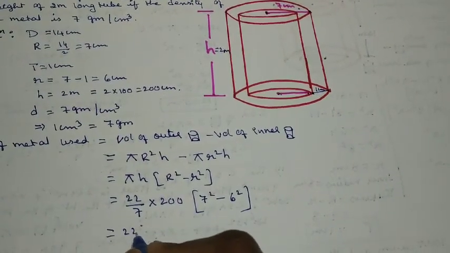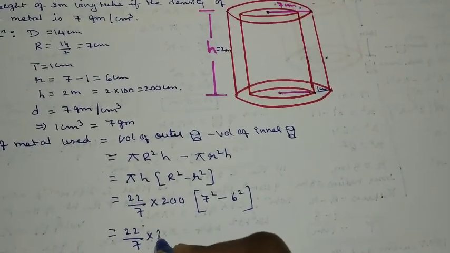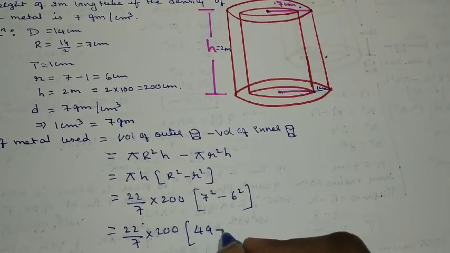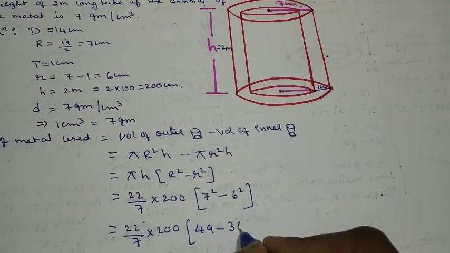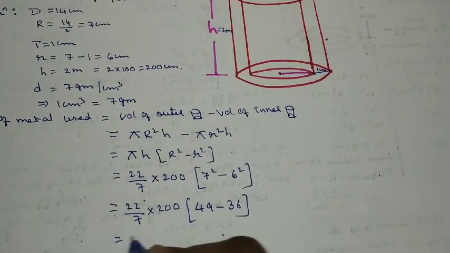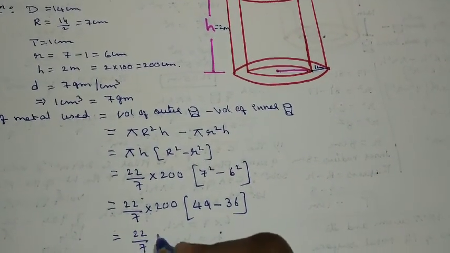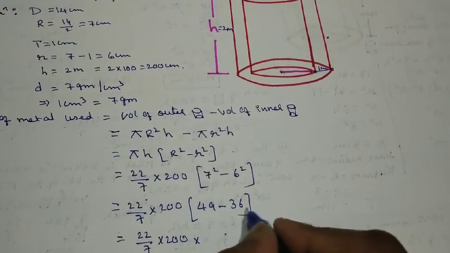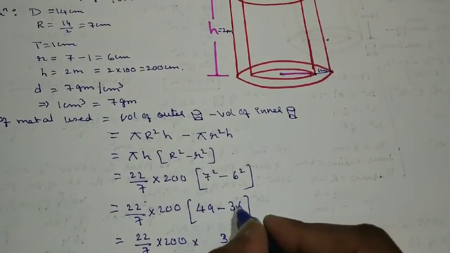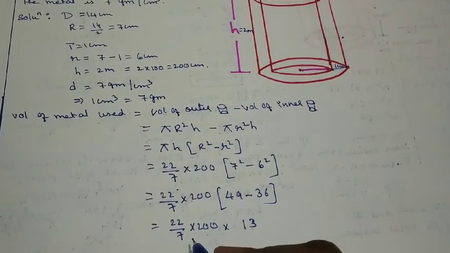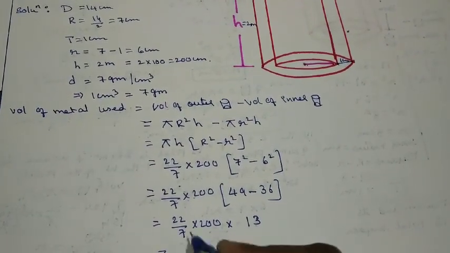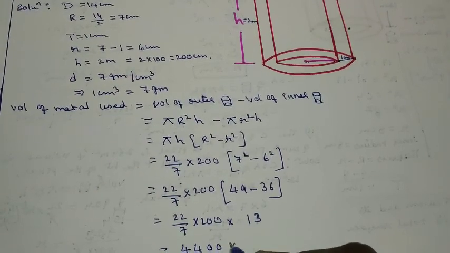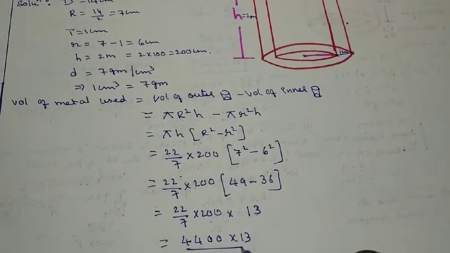Then 22 by 7 into 200 into 7 square is 49 minus 6 square is 36. Then 22 by 7 into 200 into 13, since 49 minus 36 is 13. Then 22 times 2 is 44, 100 into 13 divided by 7.